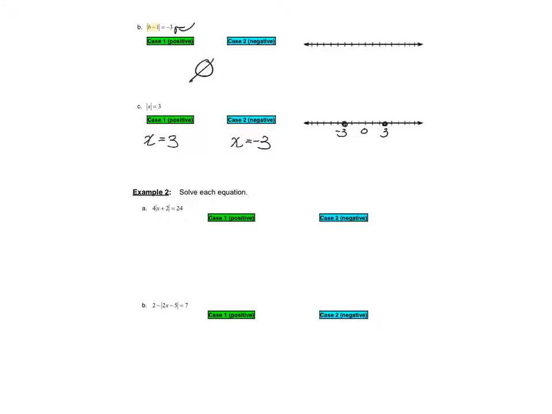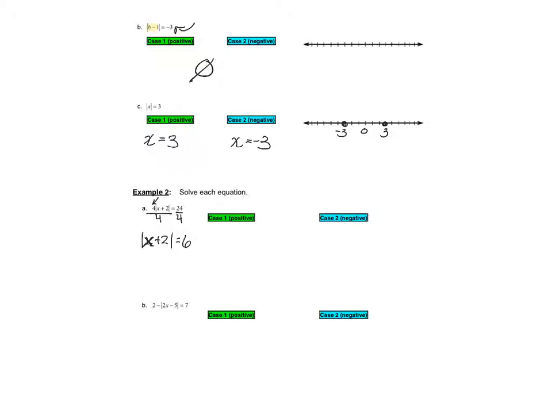In example 2, we need our absolute value bars isolated. So since I have this times 4 placed in front of the absolute value bars, I'm going to divide both sides by 4 before I set up my two cases. So now I have my absolute value bars isolated, and 24 divided by 4 is 6.